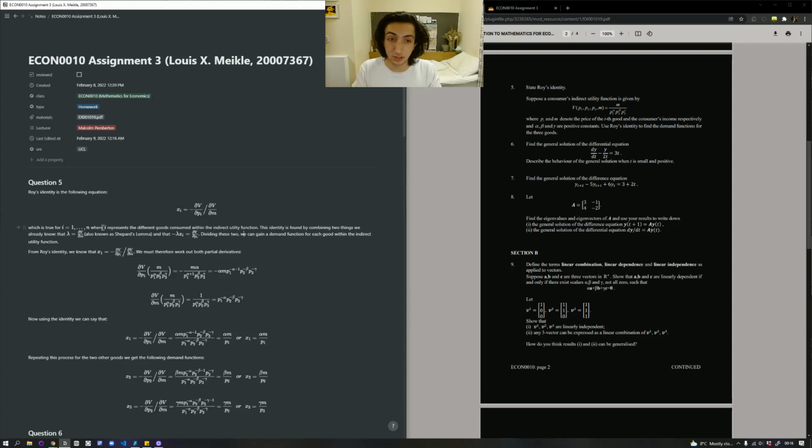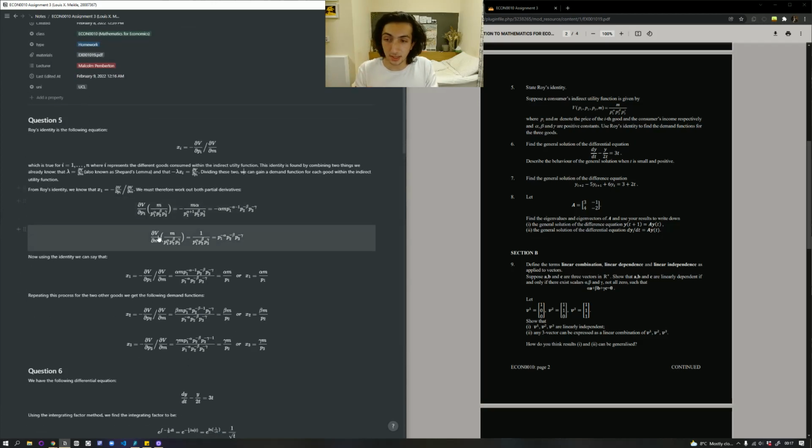Now, to use Roy's identity here, let's just try using it for x1. So x1 is going to be using the price P1, right? First of all, you can see here that we've got the partial derivative of the indirect utility function, and what we've done is partially differentiate relative to P1.